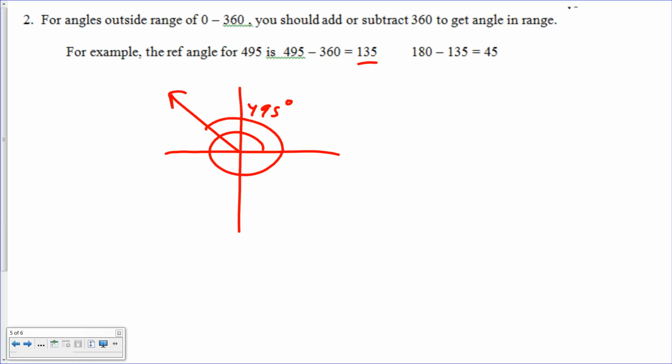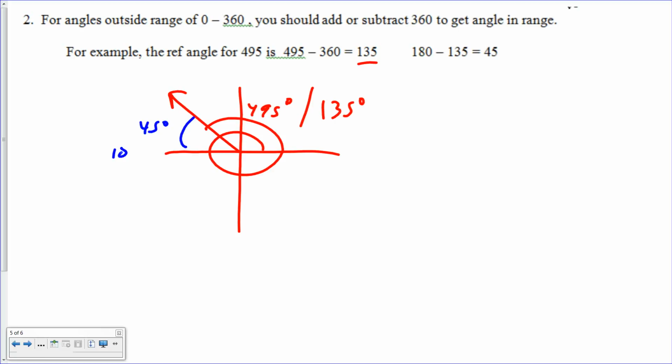So what I want to do is take the 495, subtract off 360, and get a coterminal angle, which would be now at 135 degrees. The trig functions are going to be the same at that angle, so now what you want to do is evaluate, and you're looking at that reference angle, and you see that's going to be equal to 45 degrees.